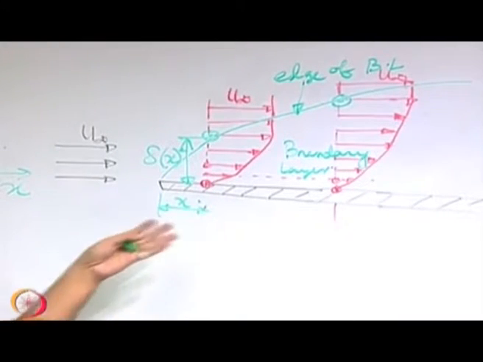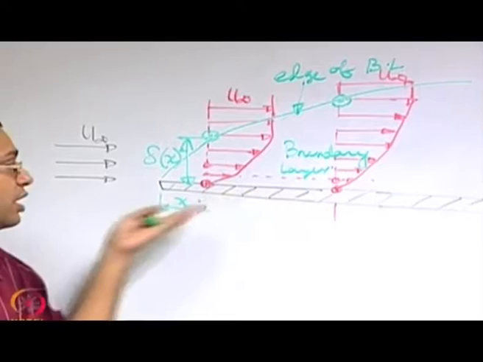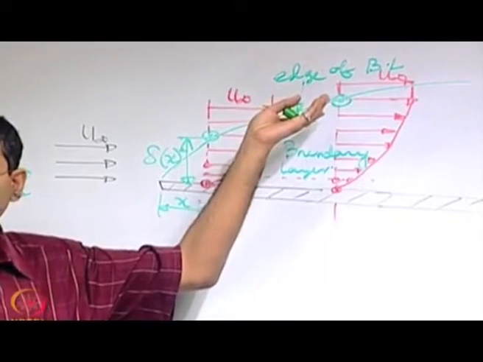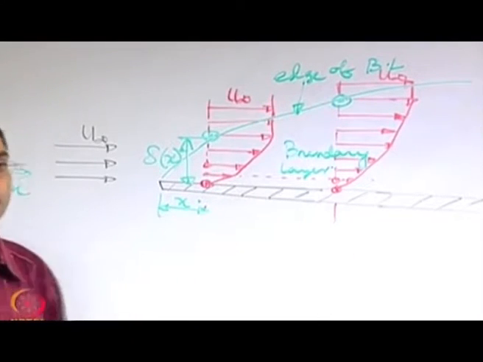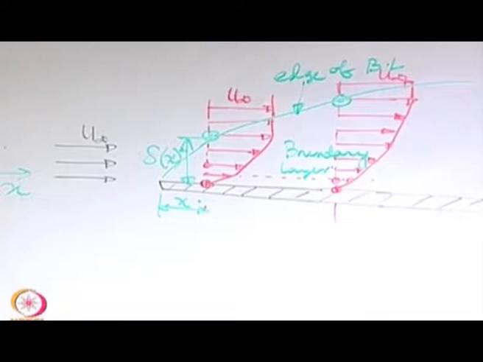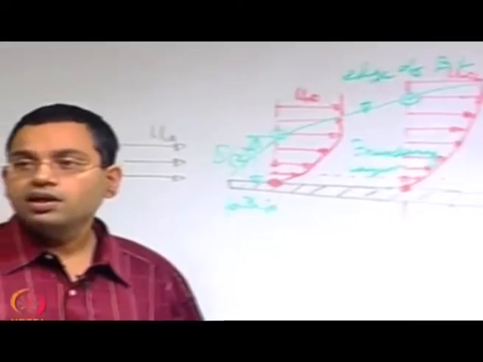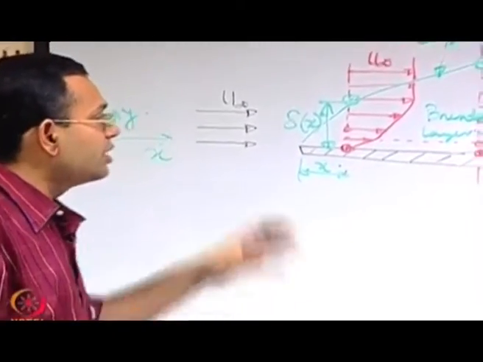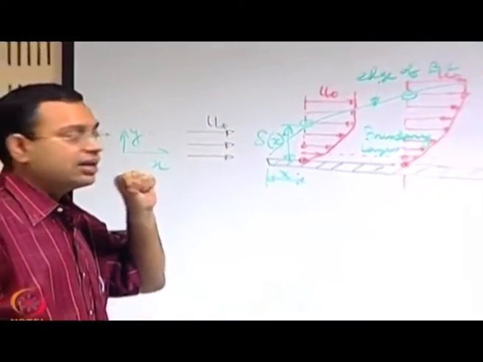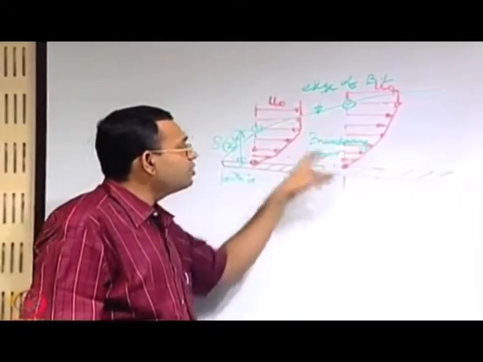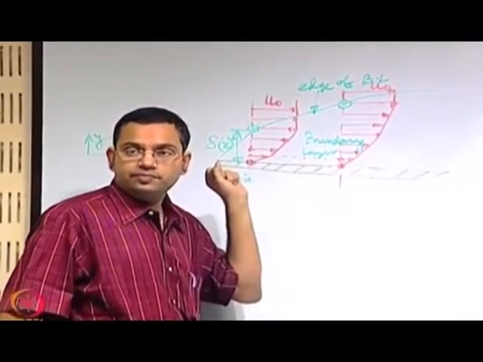So, we see qualitatively that as x increases delta also increases, but the question is how thick or how thin the delta is. That is one of the very interesting things, because that will dictate the extent within which this velocity gradient exists.